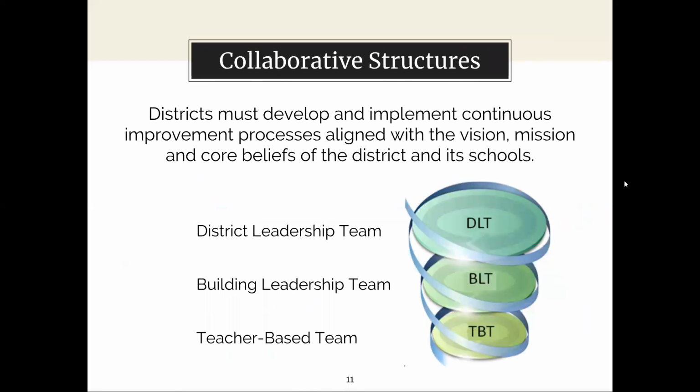The 3 collaborative structures utilized in the Ohio improvement process are the district leadership team, building leadership teams or community school leadership teams, and teacher-based teams. Districts must develop and implement continuous improvement processes aligned with the vision, mission, and core beliefs of the district and its schools.